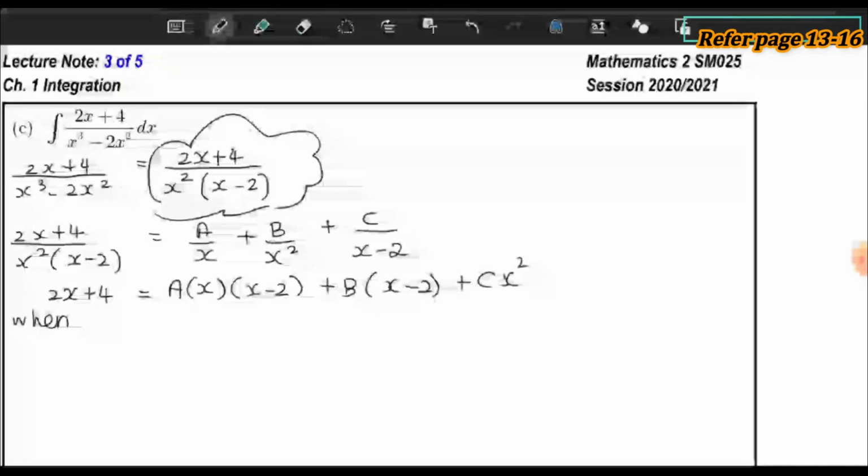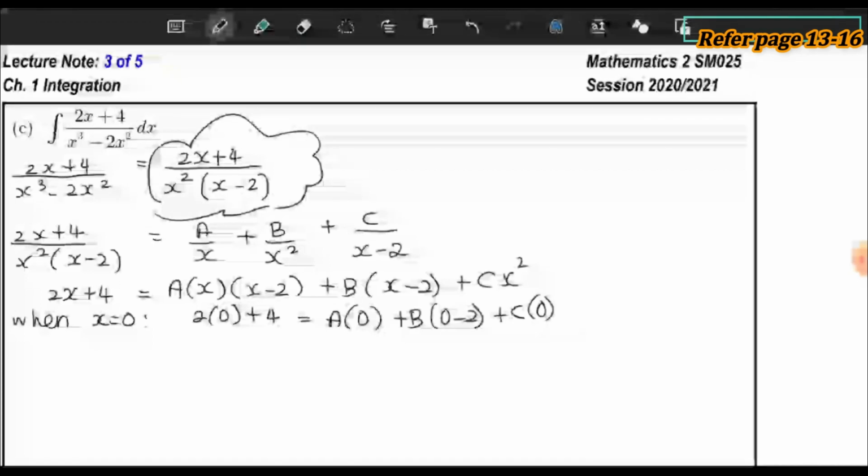When x equal to 0, we have 2 times 0 plus 4 equal to a times 0 plus b times 0 minus 2 plus c times 0. Therefore, b equal to negative 2.